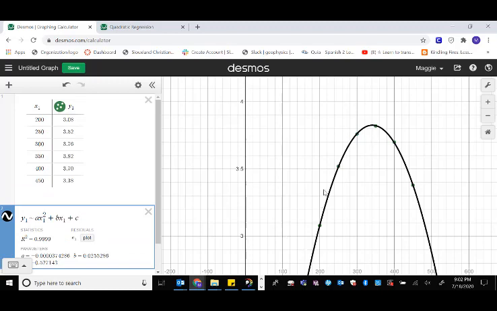Look at that. That's almost perfect data. So again, here's what we type in, and I will type that in Canvas for you so you have it exactly how you need to put it. But that tells us our equation and our curve.